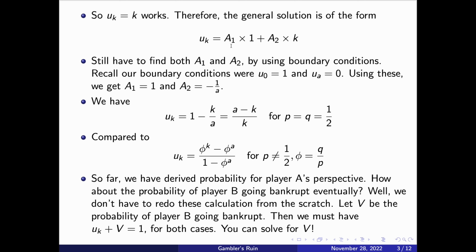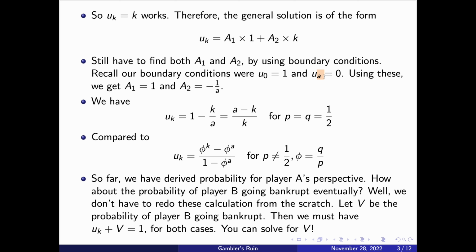And we are not done yet. We have to find both A1 and A2 using the boundary condition. So the boundary condition for this problem is still the same. When player A is having only 0 capital, that means that person will be bankrupt, and so we have a guaranteed probability of 1.